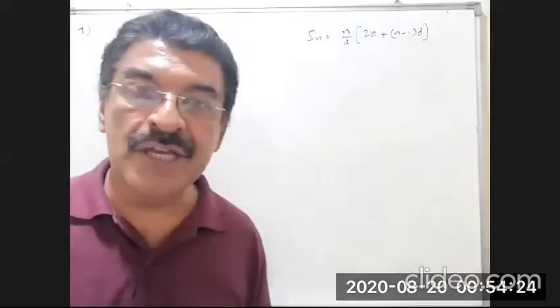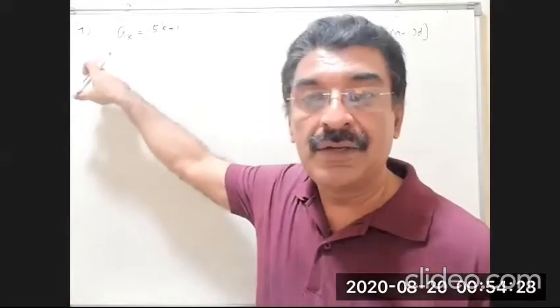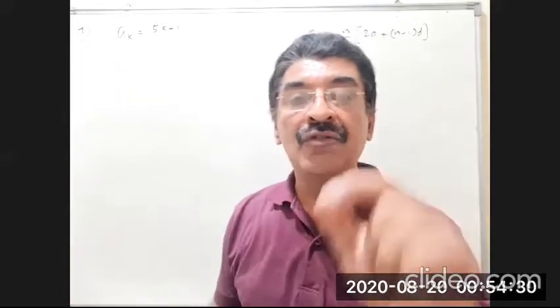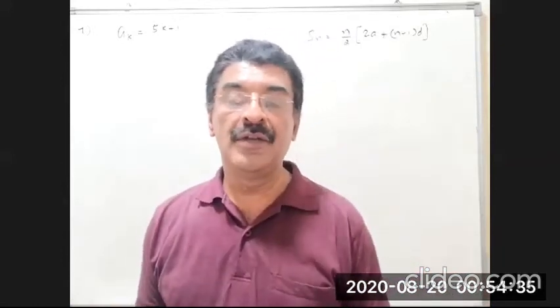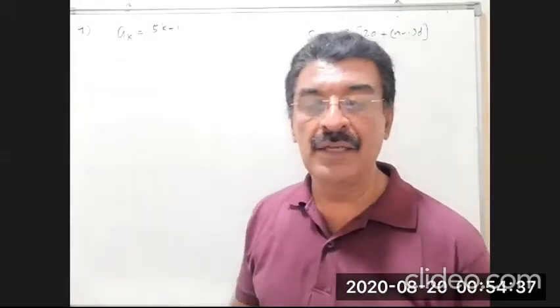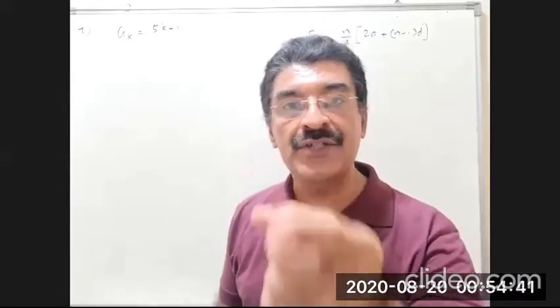Definitely Sn will be in terms of n. If a particular ak is given, how will we find a and d, the first term and common difference? ak means same as an. If an is given, replace n with 1, 2, 3, etc. We get the first term, second term, etc.